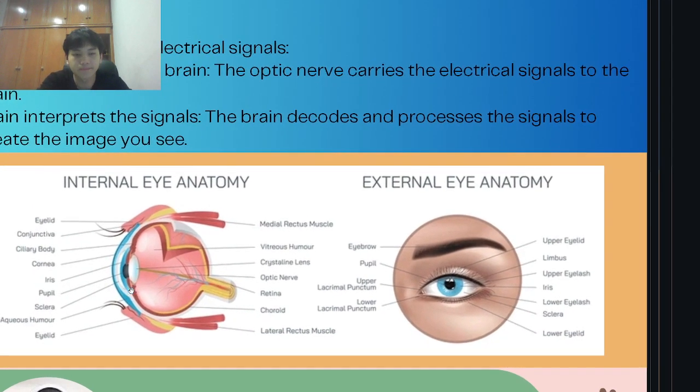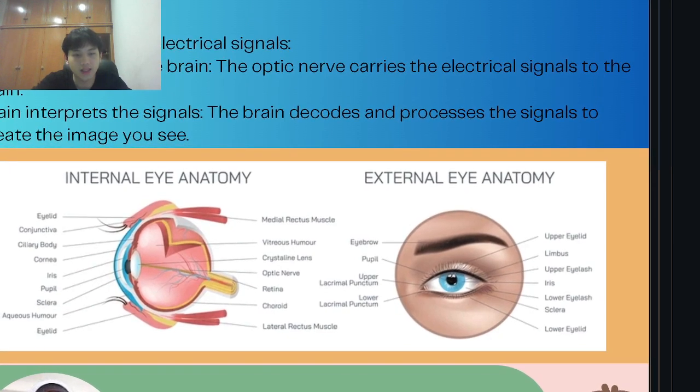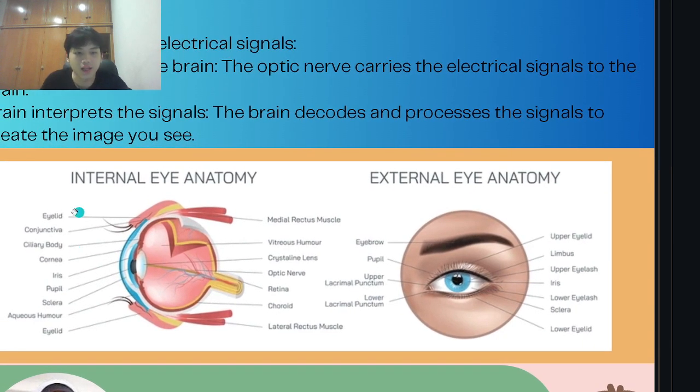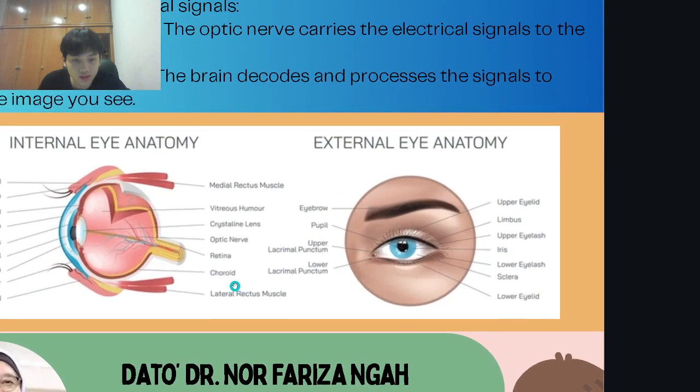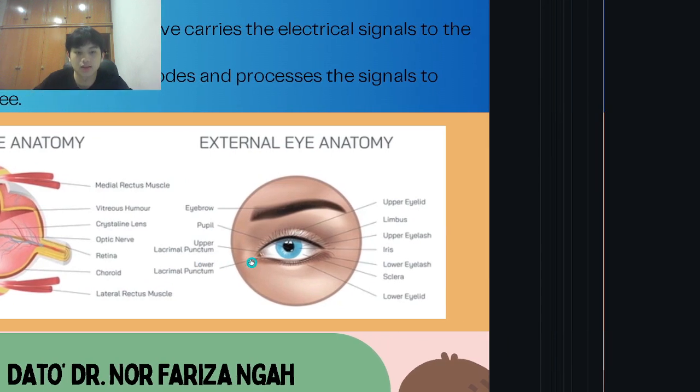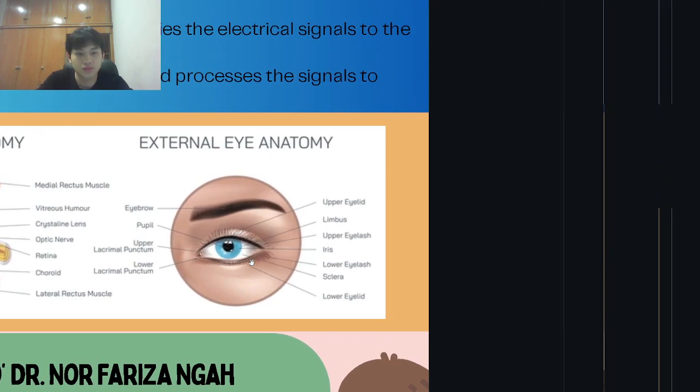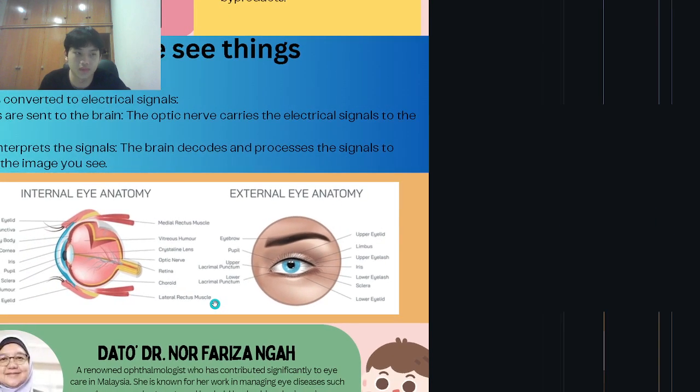And then eyelids and eyelashes, which are here. Eyelids normally just help you block debris. There's one more for the external eye that we should take note of, the lacrimal glands, which produce tears and lubricate the eye, to prevent foreign bodies from entering and infection.